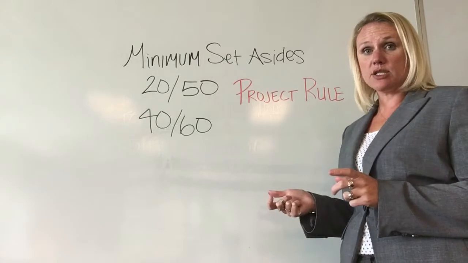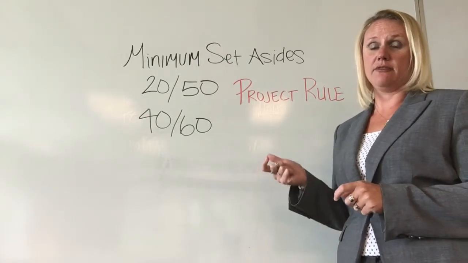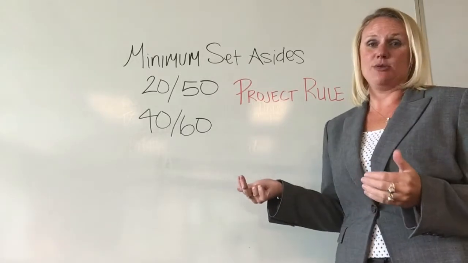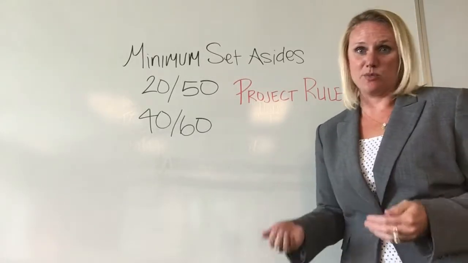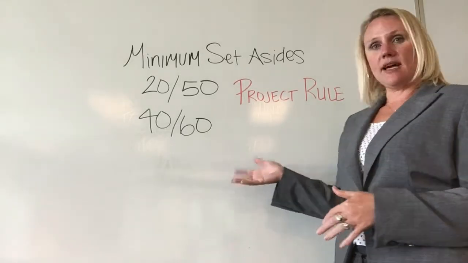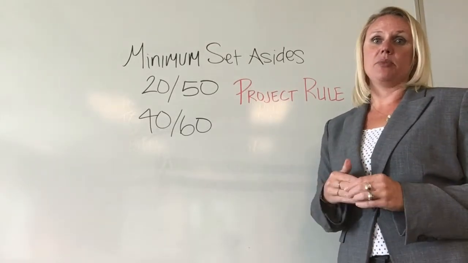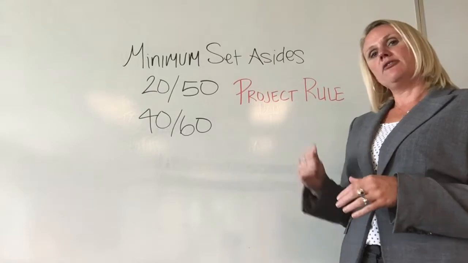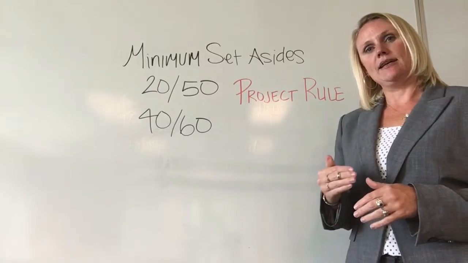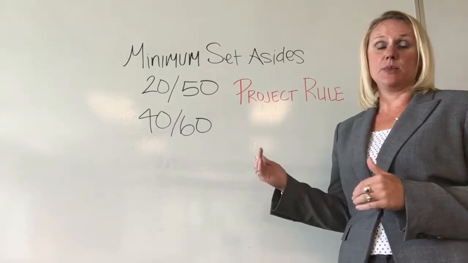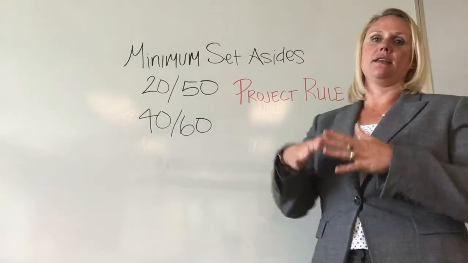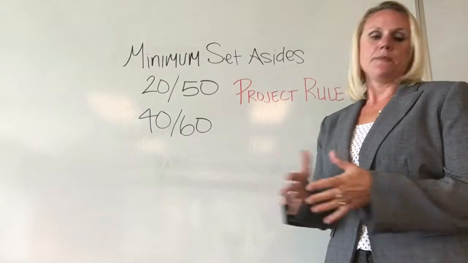Now, if no election was made on Form 8609, then it's like the owner said, yeah, each building is its own project. If this is done, then the minimum set-aside must be met per building because each building is considered its own project. If the owner elected that each building is part of a multiple building project, then this is on the project as a whole.